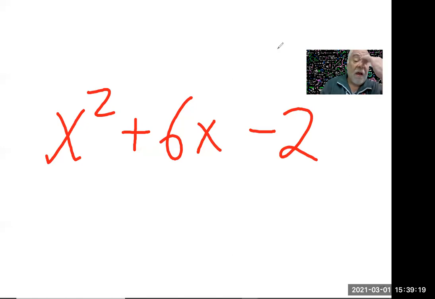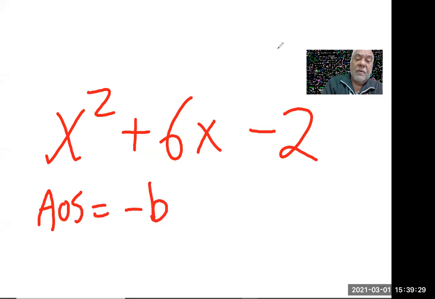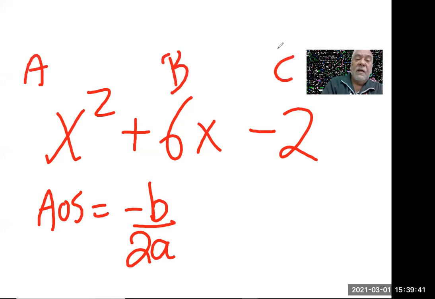Sometimes you're not given a graph, and they ask you for the axis of symmetry. How do you figure it out? Well, the axis of symmetry is minus b over 2a. Okay, you should remember that from previous videos. Remember a, b, c. A, because there's nothing in front of the x squared term, is 1. B is 6, and c is -2.